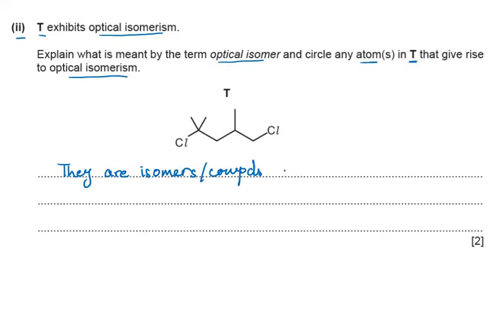They are molecules, compounds with non-superimposable mirror images. So they are molecules which cannot be superimposed on each other, and so they are called optical isomers. This question also says circle any atom which can exhibit optical isomerism in this molecule.